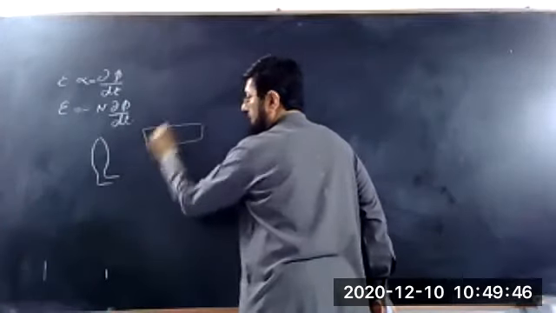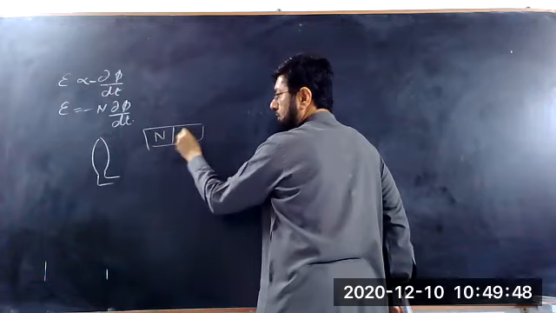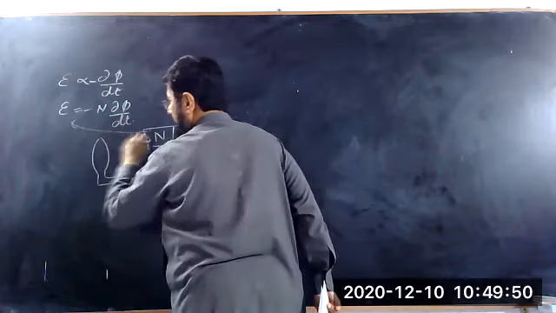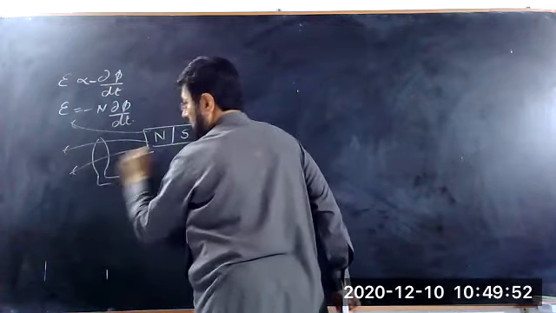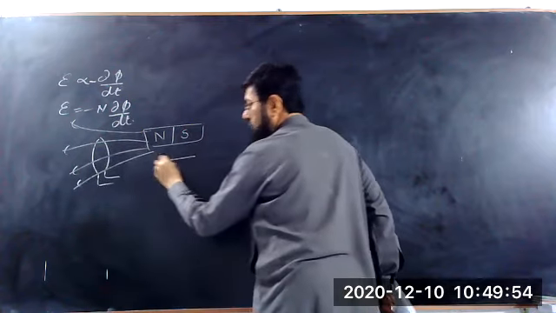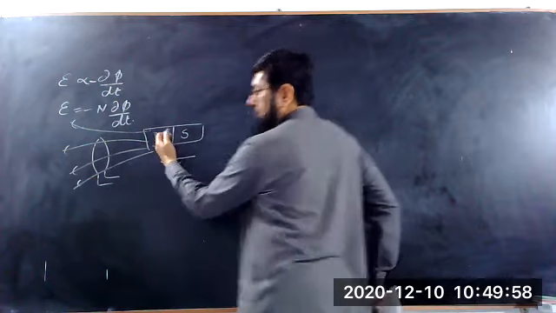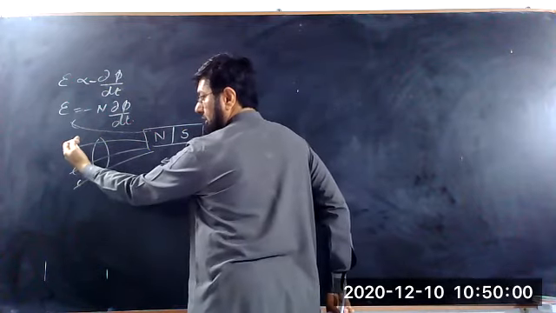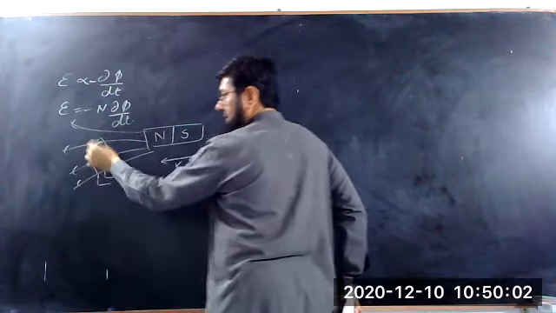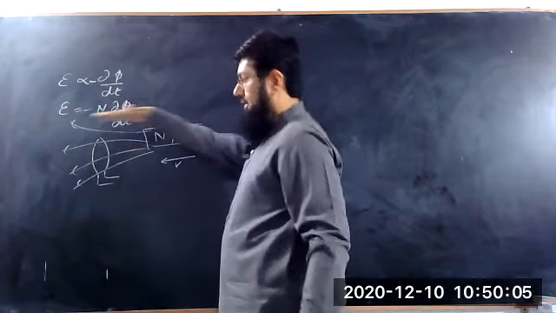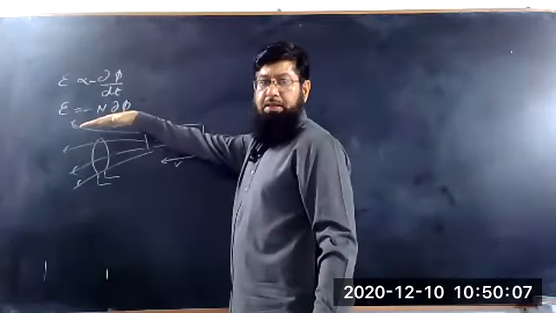If we move the magnet, this is the north pole, south pole, and these are the magnetic lines of force passing through the coil. If we move the magnet in this direction, the flux will increase in this direction. So this increased flux induces an EMF in the coil.